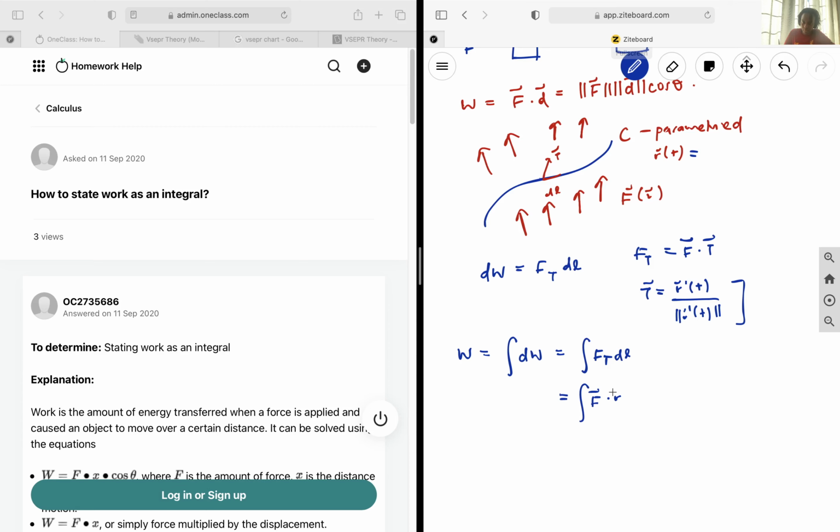So F dot r prime t over the magnitude of that, dl. Okay, and then next up we need to remember the fact that dl is equal to the magnitude of the derivative of that vector, dt. And so now let's put that in for our dl.